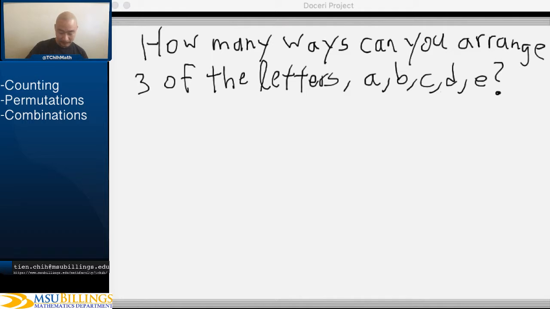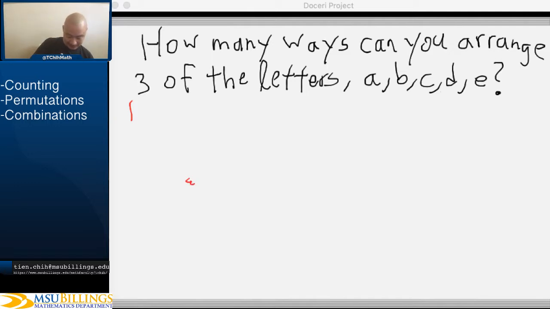So the first thing I'm going to do is say, all right, maybe instead of three of the letters, we can ask ourselves a kind of degenerate version of this question and just ask, well, how many ways are there to do this with just one letter? Well, it's kind of obvious that with just one letter, there's five ways to do it.